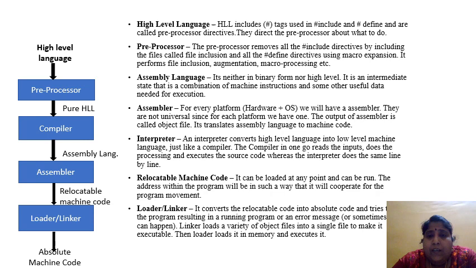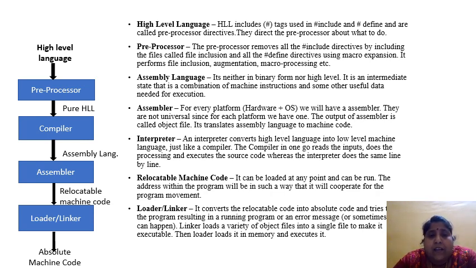Assemblers are not universal, since for each platform we'll be having one assembler. Like we can say, if we are having a manual for operating one machine, we can't use that particular manual for operating another machine. So, we'll be having an assembler for every platform. It will be different for every platform. It translates assembly language into machine code.